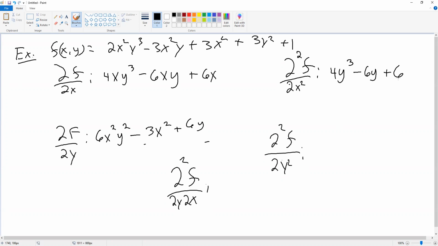Taking the second part here with respect to x. Which one do we hold to be constant? We should keep the y there.